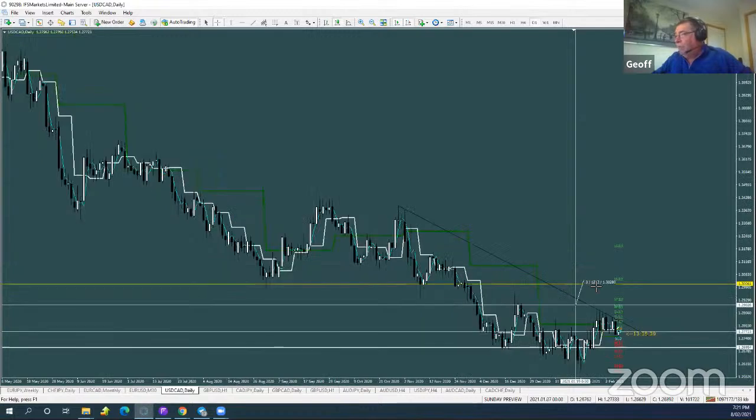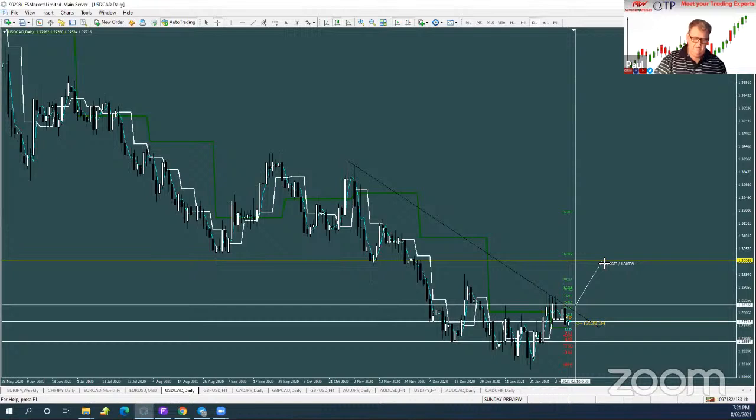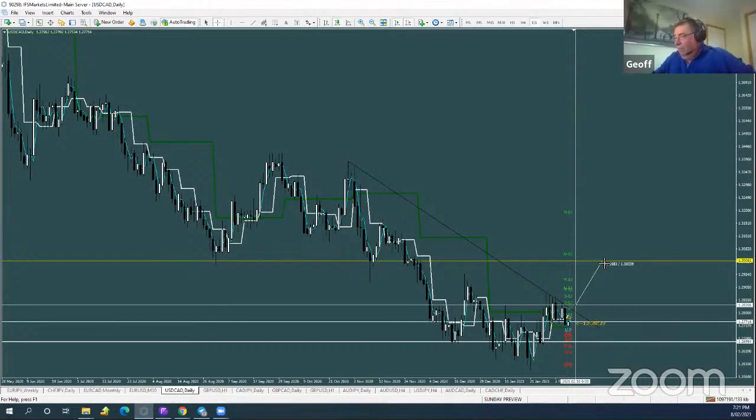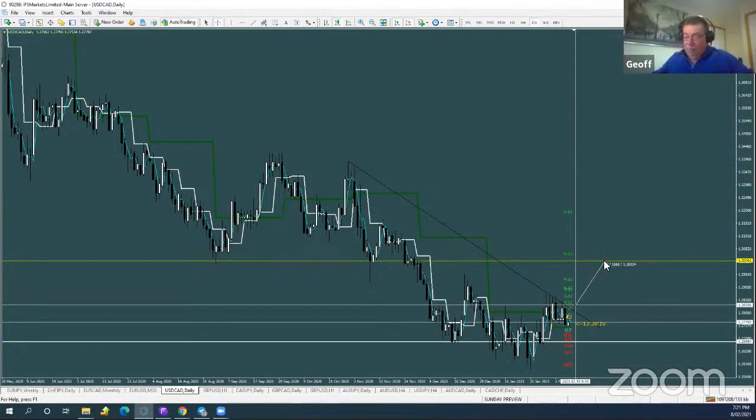You can put in a TP2 as well if you want. What risk, Jeff? Oh, look, I'm a massive dollar bear, so I wouldn't be going any more than about 0.25% on this. Okay, TP2 is 1.3000. 0.5%.